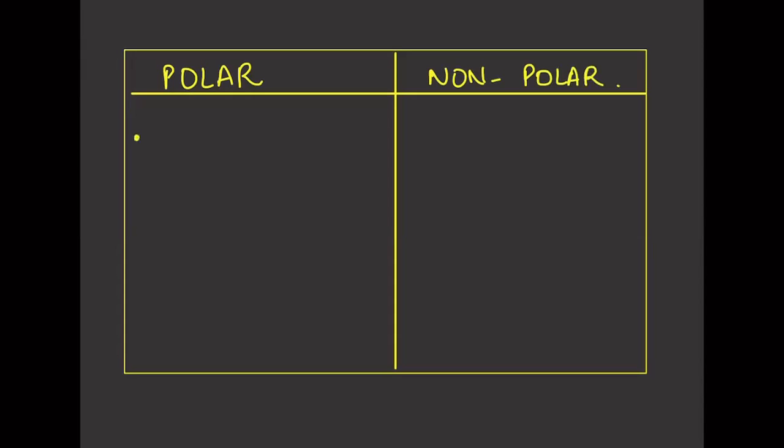So the polar substances have dipoles, meaning an unequal distribution of charge.